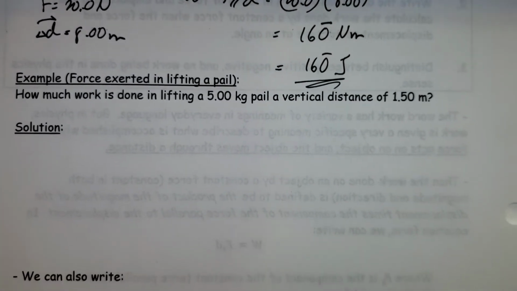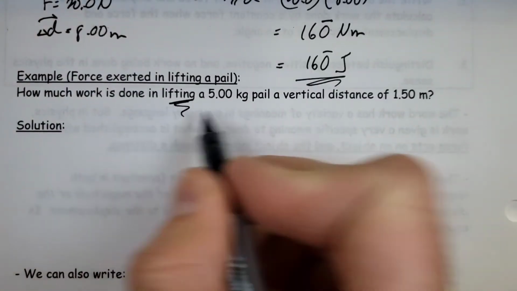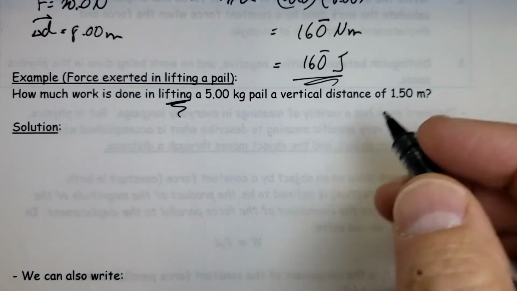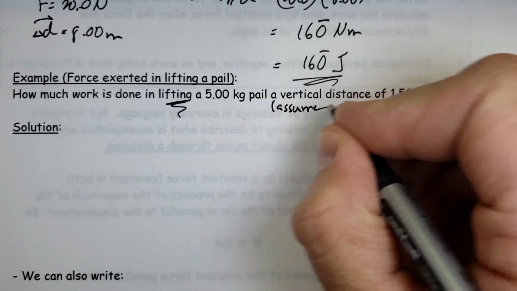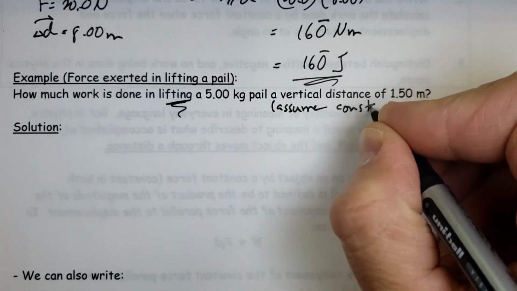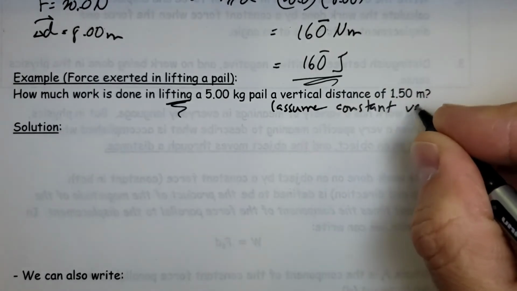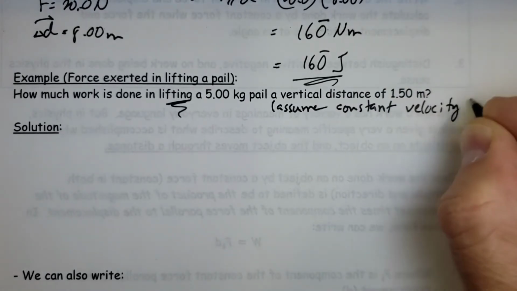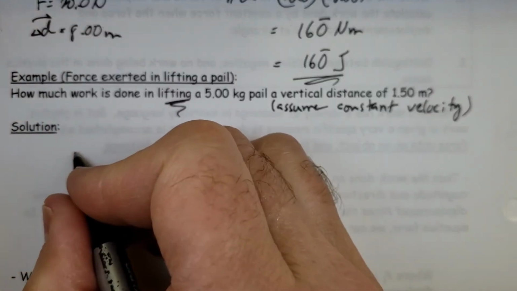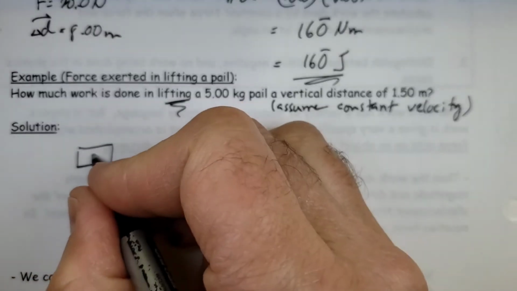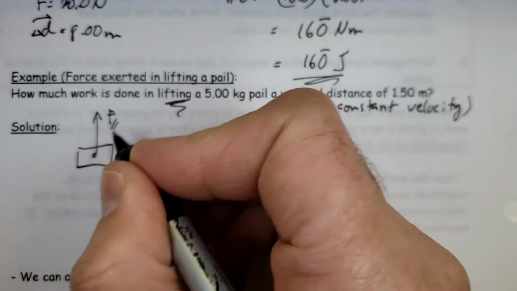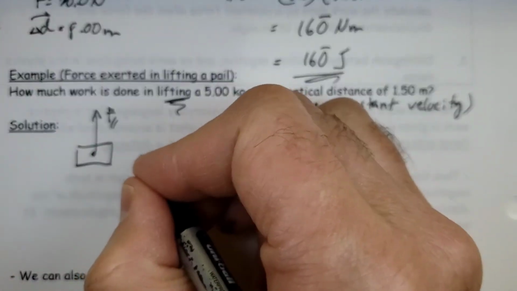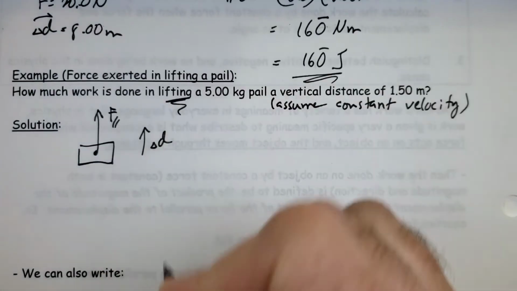So look at another example here. How much work is done in lifting a 5 kg pail a vertical distance? Here we'll assume constant velocity. And we know what happens when we have something moving at constant velocity. So if we're lifting something up, let's call it the F parallel. And this object is going to move in this direction.